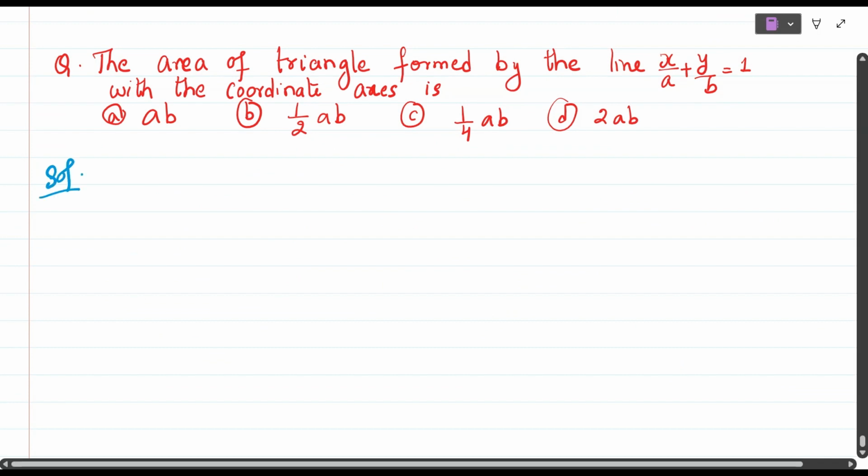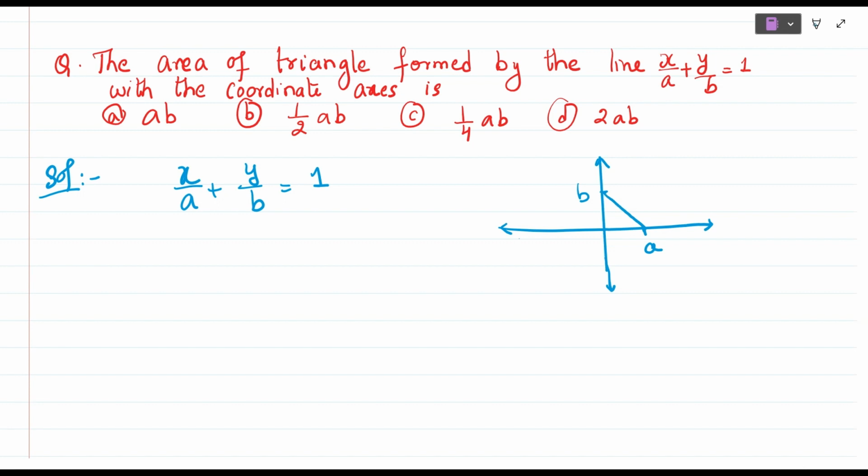Students, the next question is: the area of a triangle formed by the line x by a plus y by b is equal to 1 with the coordinate axes is. So they are asking about the coordinate axes. So let us draw our x-axis and y-axis, students. So suppose this is A and this is B. So this is the triangle formed here according to the axes.